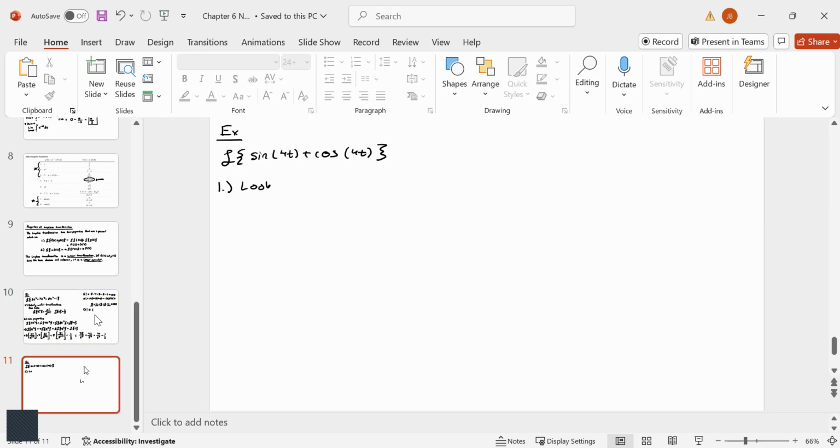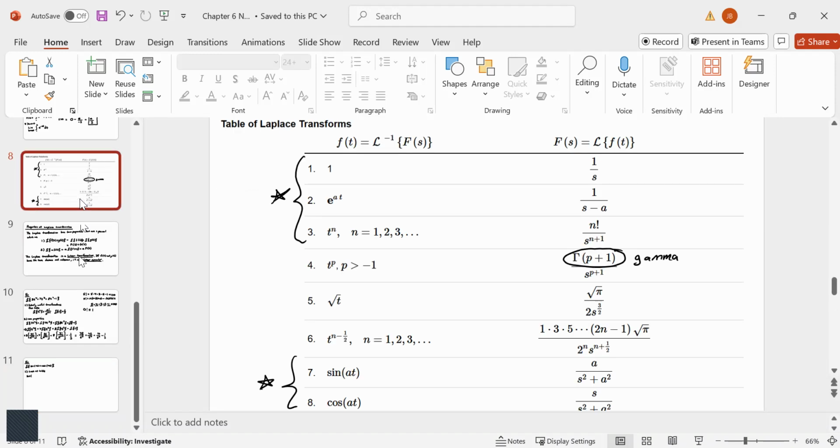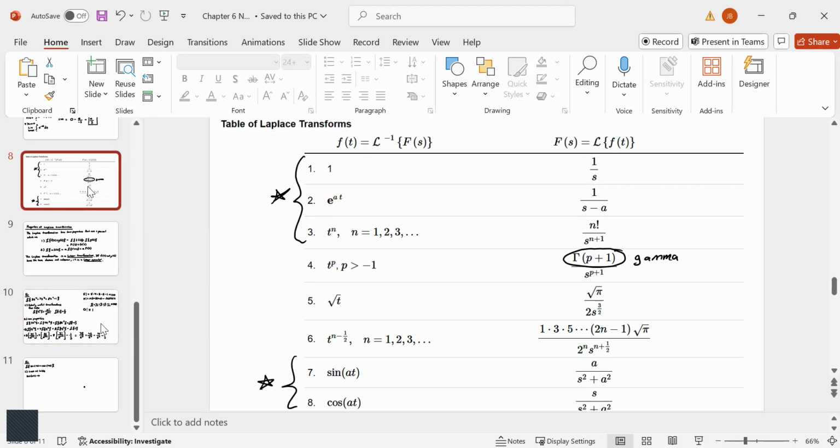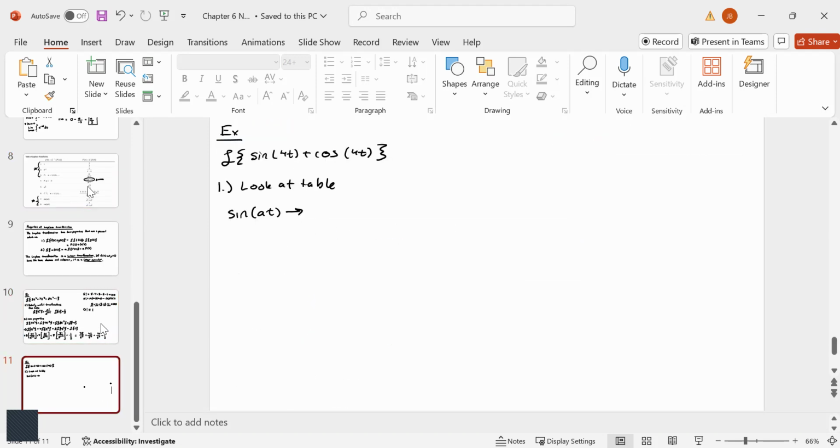Look at the table. So I see sine and cosine. So then sine of some number, what do we use, a or t? We use a. So sine of at is going to be a over s squared plus a squared.